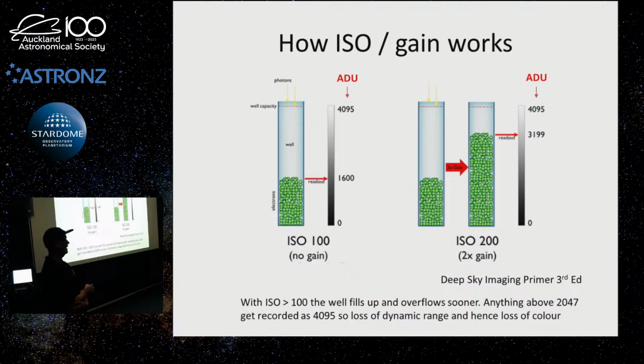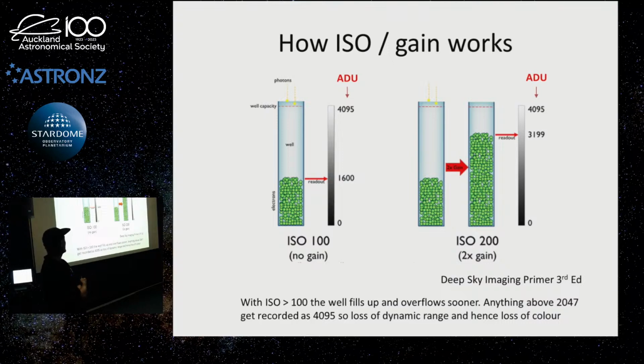That number is arbitrarily scaled to 2 to the power of something. In this case, it's scaled to 4095, which is 2 to the power of 12, I think. Or in a DSLR, 2 to the power of 14, or an astronomy camera, 2 to the power of 16. So the brightest star that you can image is related to how well you can fill up the well with electrons.